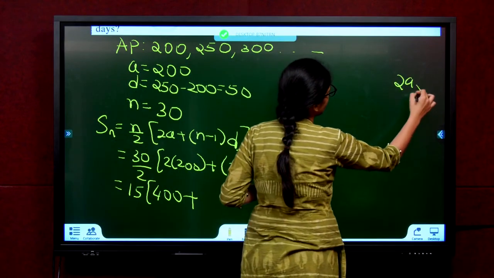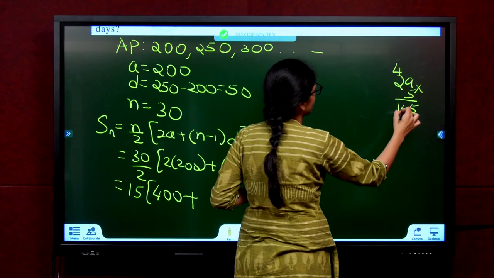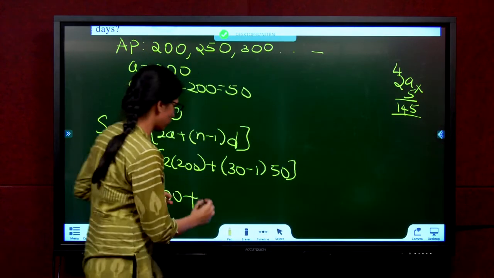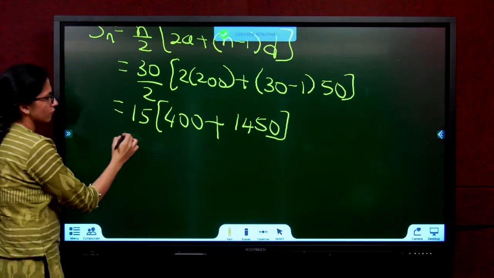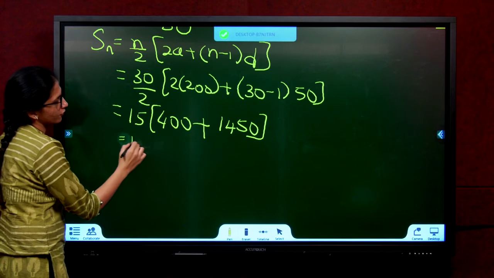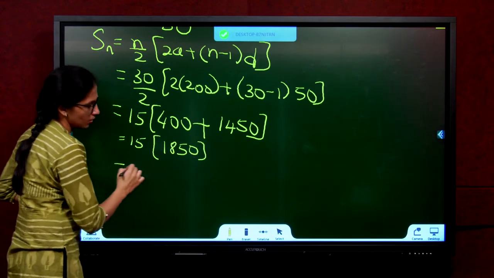I will do 29 into 5. 5 2s are 10, 14, 145, so 1450. This becomes 15 into 1850.